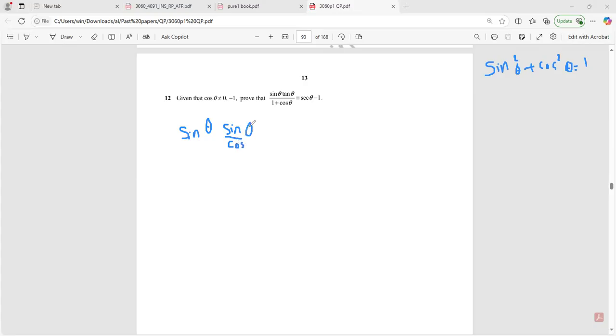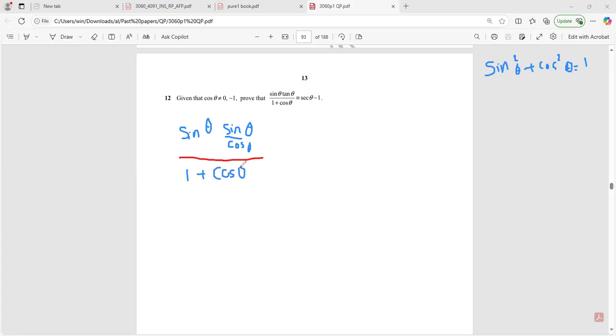Okay, and in the denominator will be 1 plus the cosine theta.